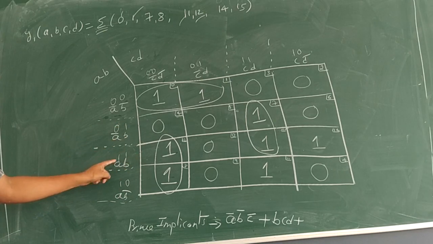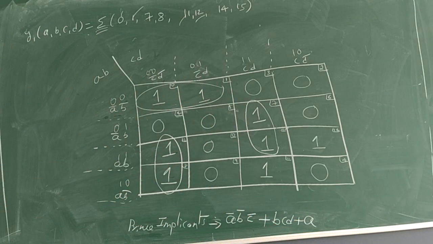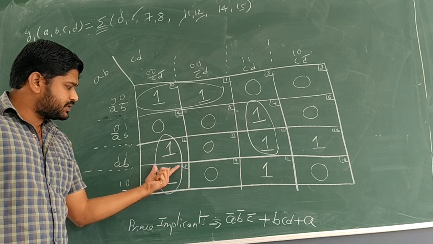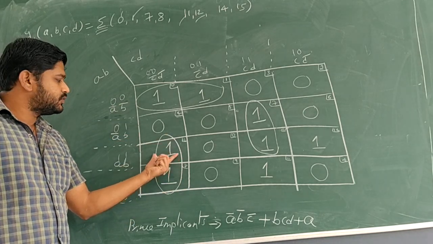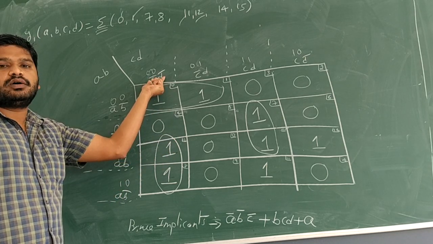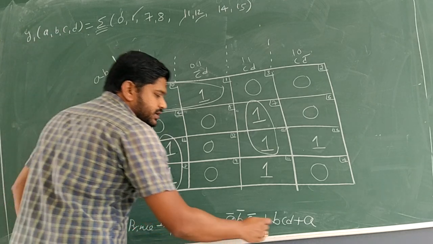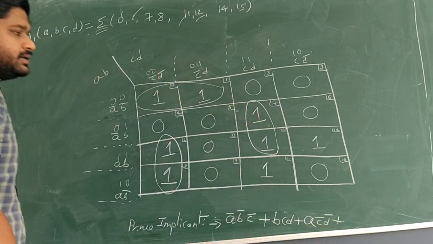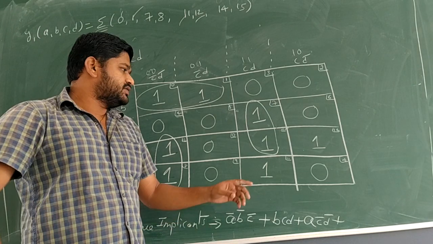What is not changed? A. Hence you write A. In which column is this cover present? It is present in the first column. So we don't compare with another column. We include all column variables as they are: C complement, D complement. Okay, now listen carefully. It is important.